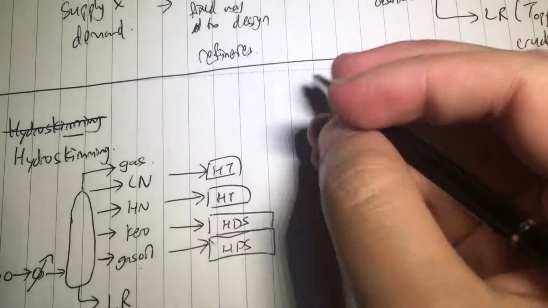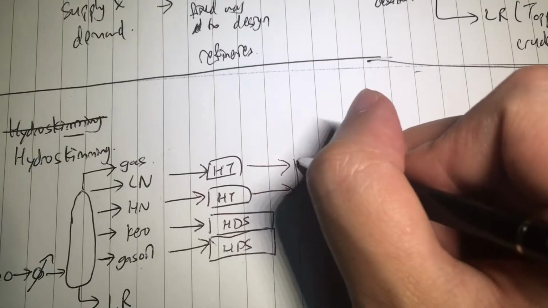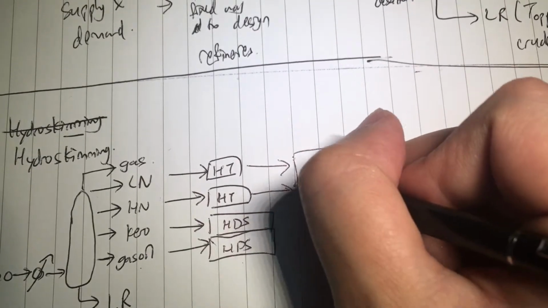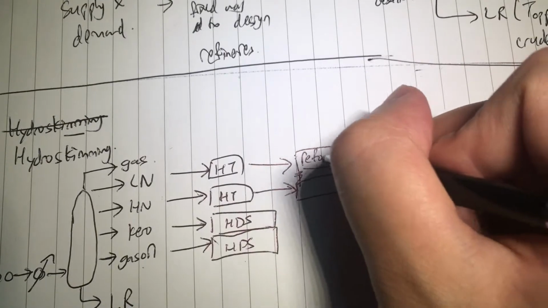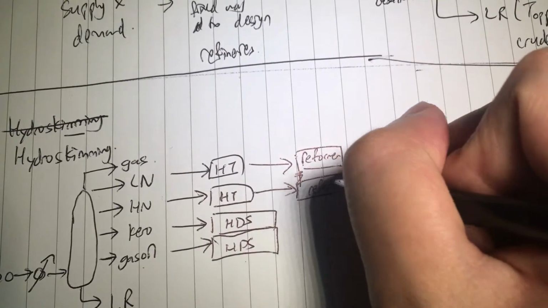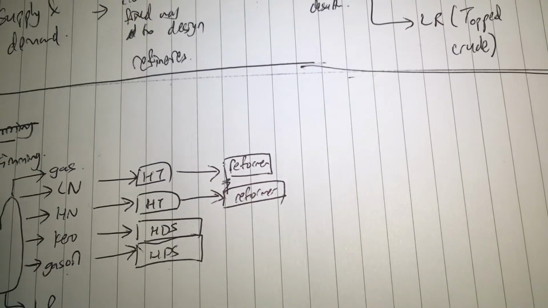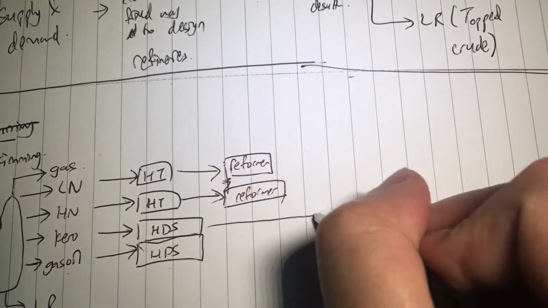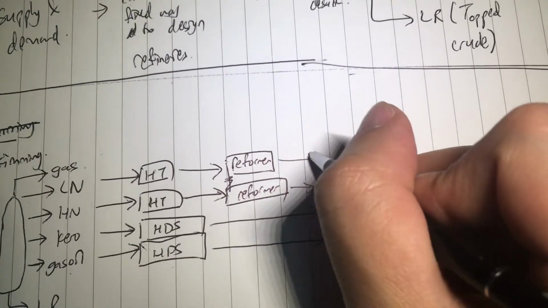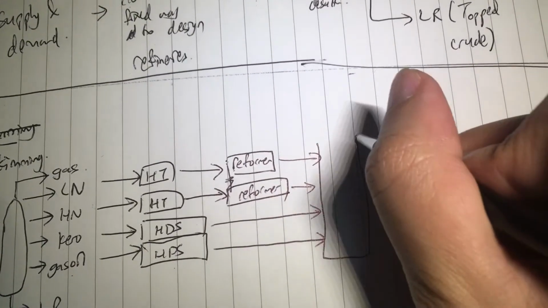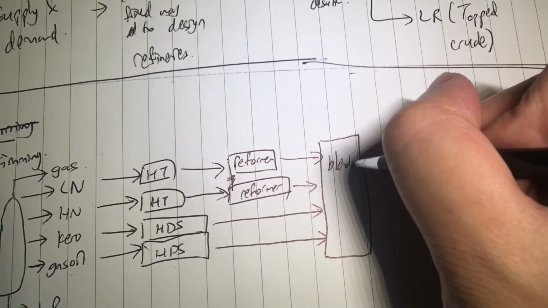Especially for the naphtha, what happens next? You probably send it through a reformer. And once this is done, you go into this thing called storage and blending, or blending and storage.